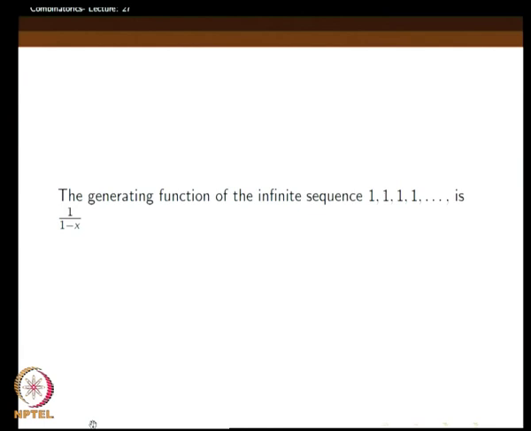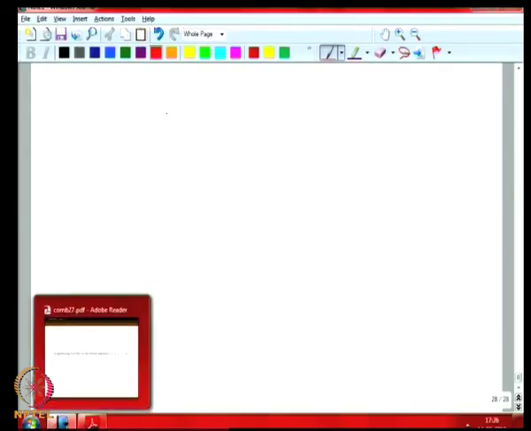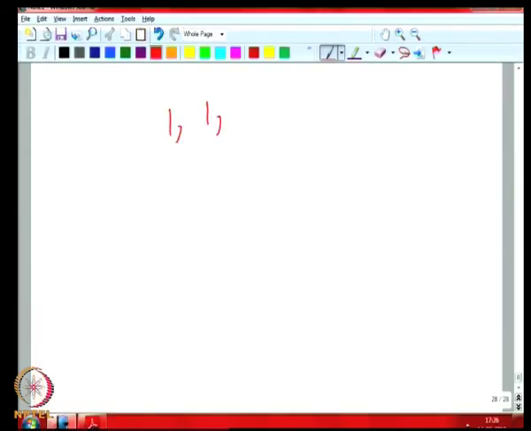So, now we will look at some infinite series. This is 1 plus 1 plus, so this infinite series. All this means H0, H1, H2, H3, like that. So, 1 1 1 1 1 1.